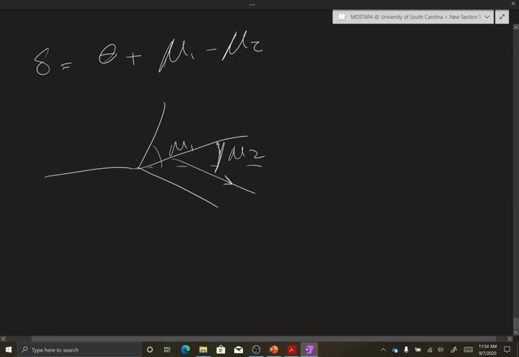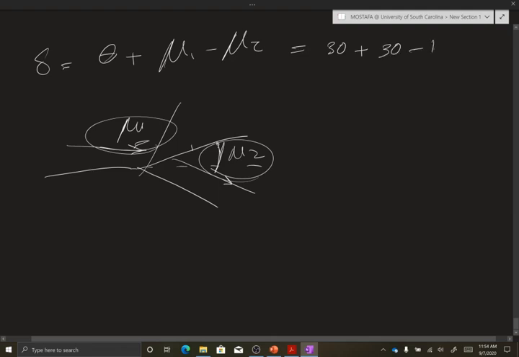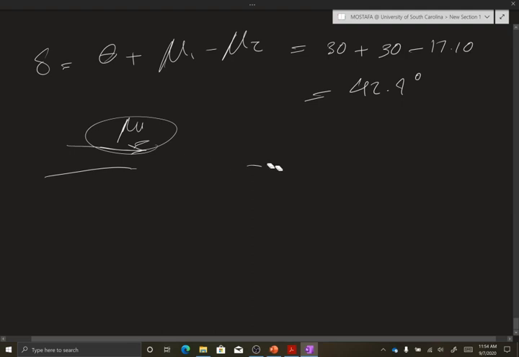So this is your mu1, sorry. And then you essentially subtract these two and add theta. So 30 plus, mu1 was also 30, minus 17.10, which is going to be equal to 42.9 degrees. So you have the Prandtl-Meyer fan angle as well.